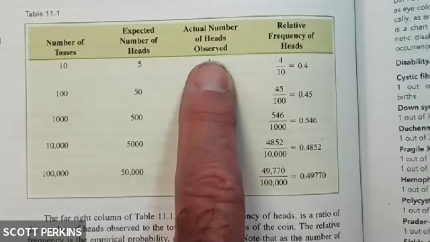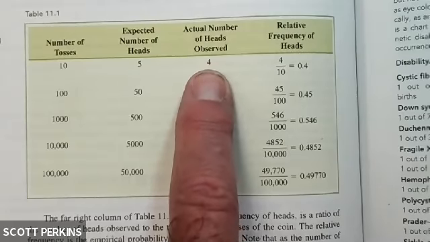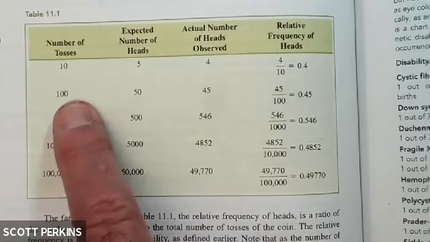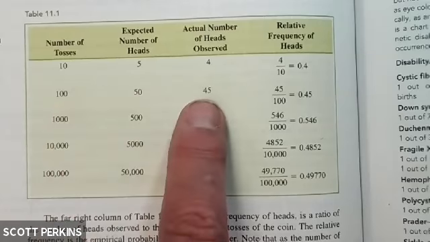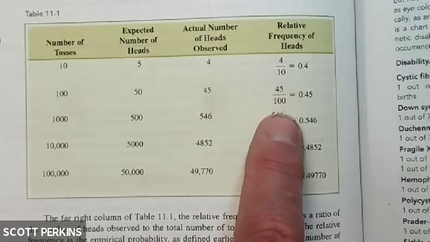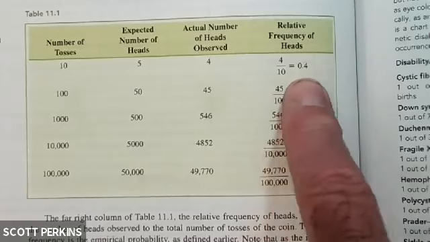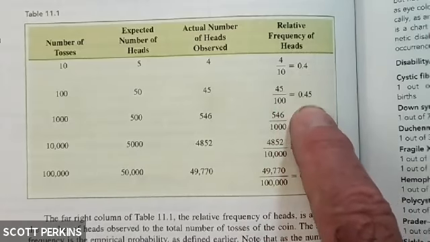In the previous line, we're only 1 different. Now we're 5 different, but because I've flipped the coin 100 times, 10 times more flips than the previous one, those 5 have less significance. So 45 out of 100 is 0.45. Notice the experimental probability went up from 0.4 to 0.45.